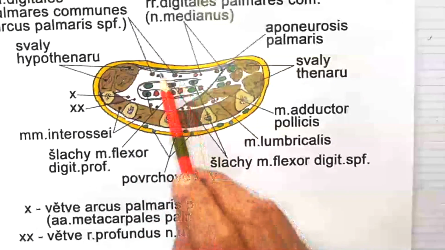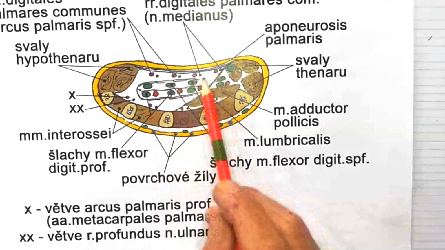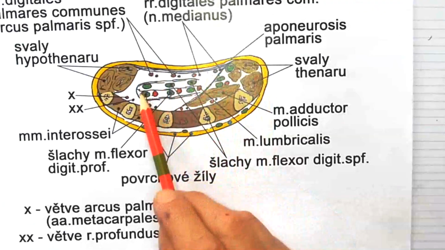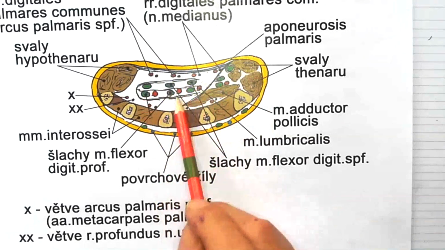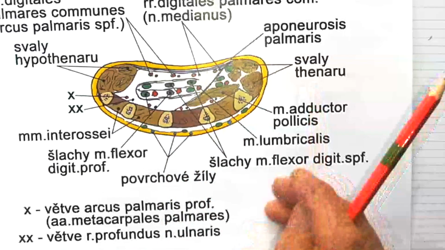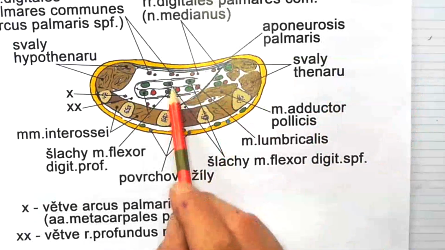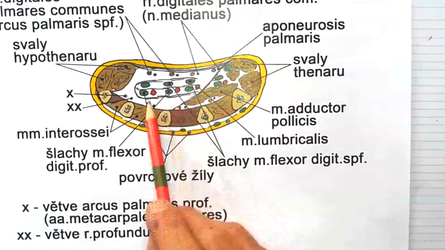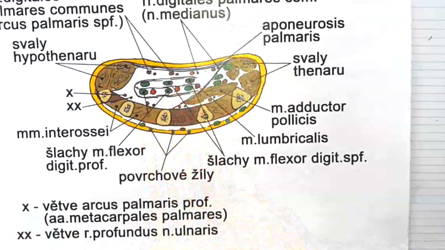The mid-palmar space contains not only the branches of the arteries, as we said, but also four tendons of the flexors, superficial and deep flexors with the lumbricals, etc., and also the branches of the arteries and nerves.